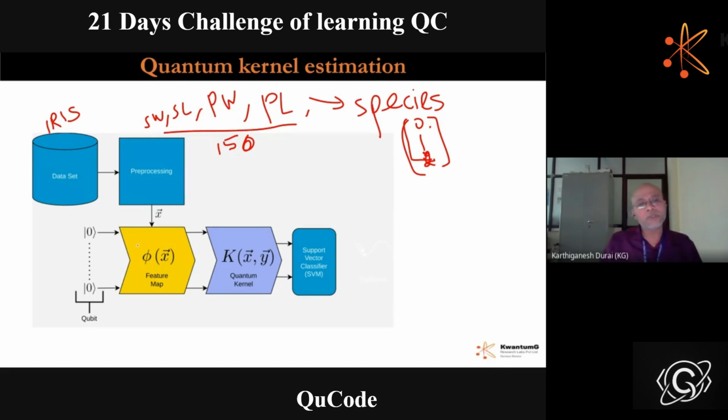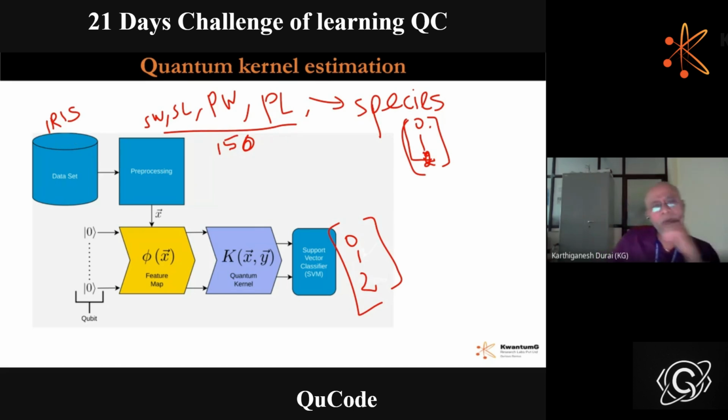That will be passed to this feature map. So there will be a feature map of 150 data points that is passed to a kernel. That kernel will help us classify your iris flower set. Then based on that, it will give 0 or 1 or 2, any one of the classes. That is the quantum support vector machine for the iris dataset.